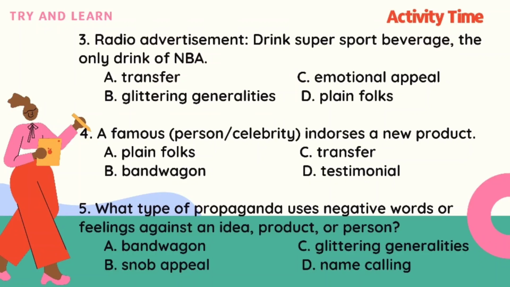B. Bandwagon. C. Transfer. D. Testimonial. And number 5. What type of propaganda uses negative words or feelings against an idea, product, or person? A. Bandwagon. B. Snob appeal. C. Glittering generalities. D. Name calling.